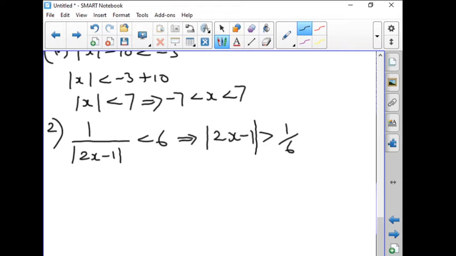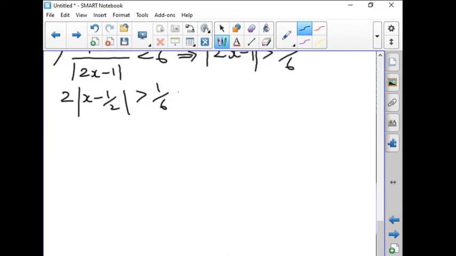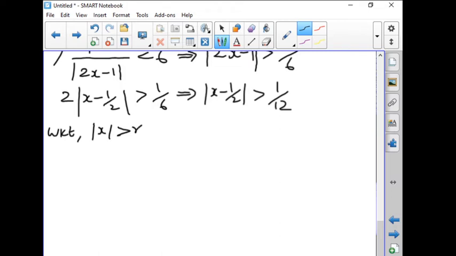Now, take 2 out. So, it becomes mod 2 into modulus of x minus 1 by 2 greater than 1 by 6. Taking 2 to the other side, we get modulus of x minus 1 by 2 is greater than 1 by 12. Now, we know that modulus of x is greater than r, where r is greater than 0, if and only if x is less than minus r, or x is greater than r.